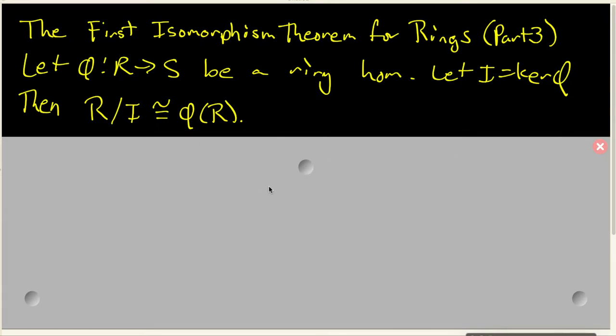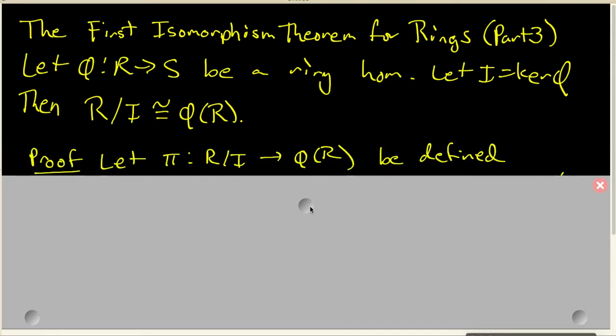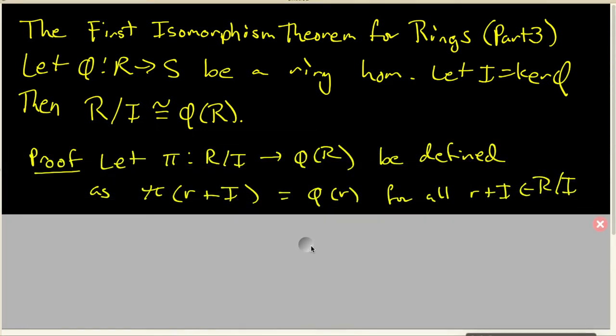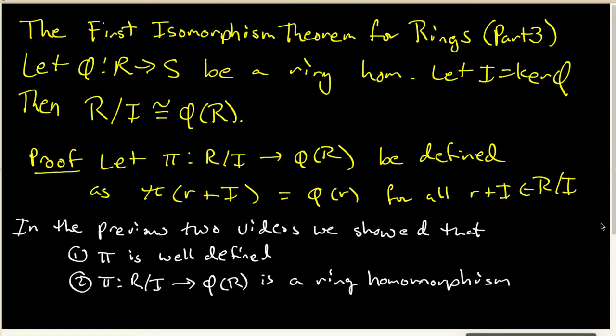And we got started on the proof of this theorem in previous videos by defining a map pi from R mod I to phi of R, defined as pi of r plus I is just phi of r for every left coset r plus I inside the quotient ring R mod I. And in the previous videos, we showed that this map pi is first of all a well-defined function.